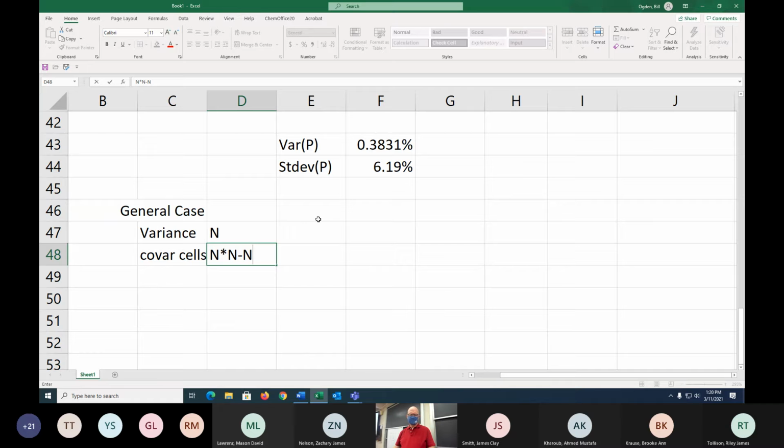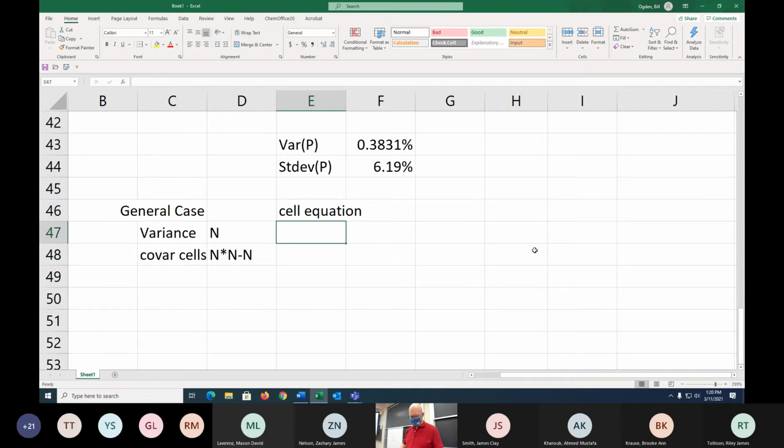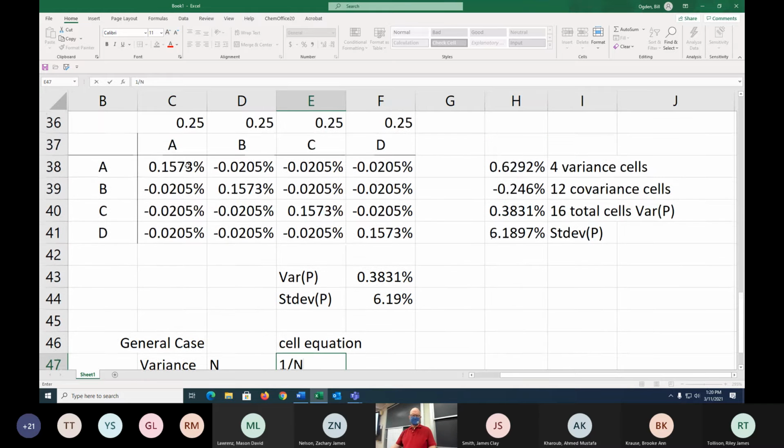All right. What's in each one of these cells? Okay. So variance, what's in each one of the cells? Okay, for the variance terms, we had 1 divided by N.